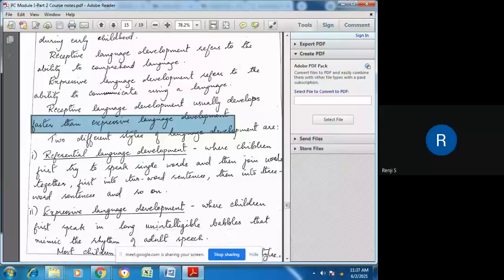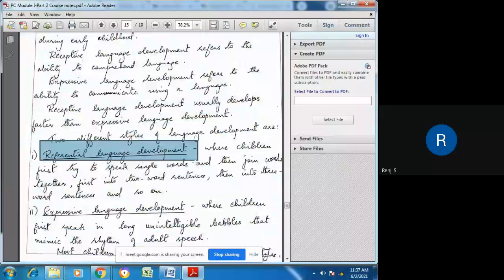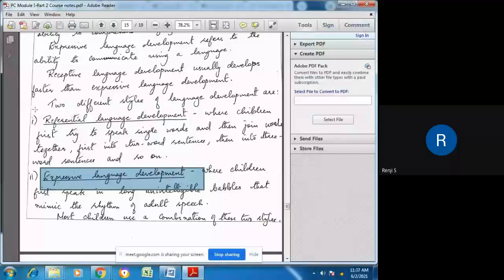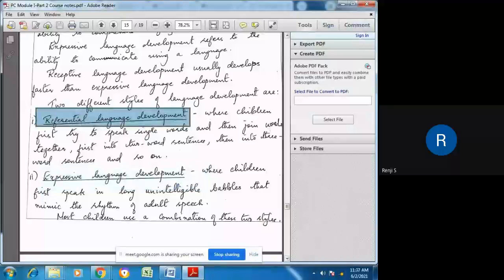Now, there are two different styles of language development. First is referential language development, and the other is expressive language development. In referential language development, children first try to speak single words, and then they join words together. First two words, then they combine three words, and so on.